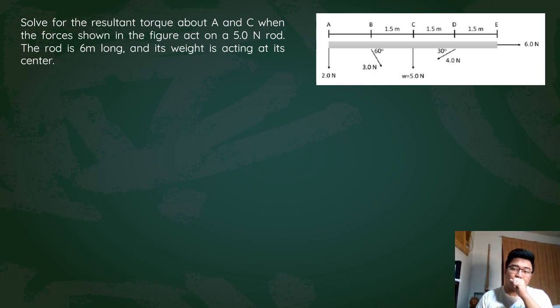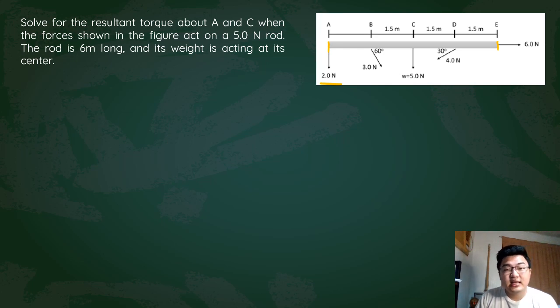We have a 6 meter long rod from point A to point E, and there are 5 forces acting on the object. At point A, you have a force of 2 newtons. Force B is 3 newtons, force C is 5 newtons, force D is 4 newtons.